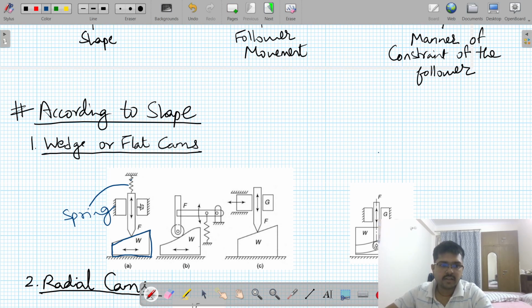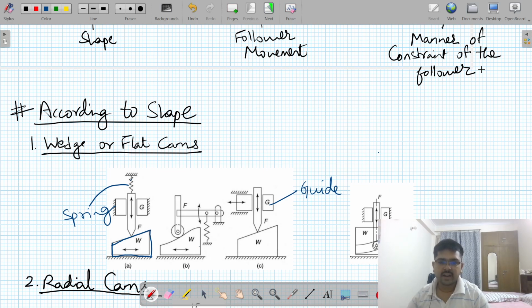So that is what a wedge cam is. It can have a roller follower and a smooth slanting surface like this, or it can have a wedge like this, and this G stands for guide. Now these are what are called flat wedge cams.